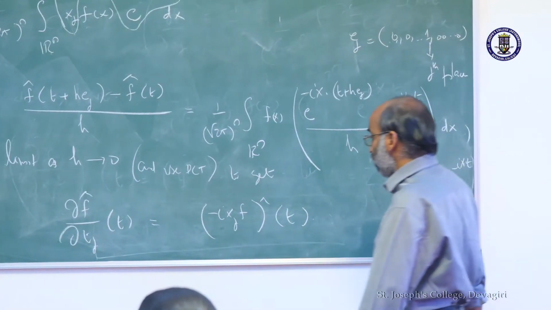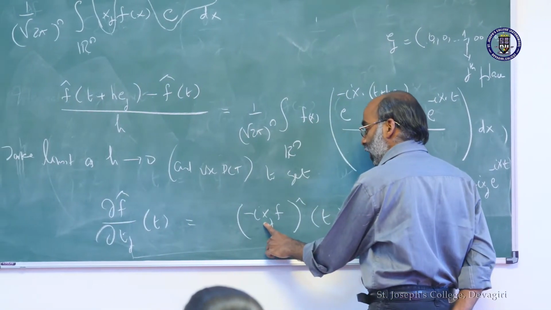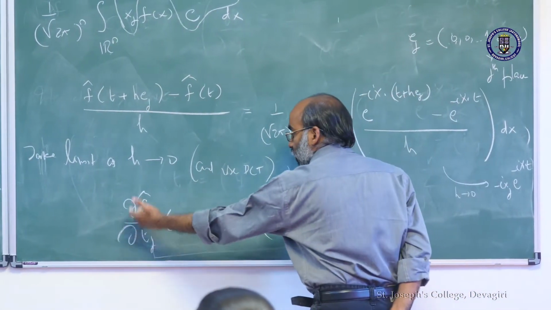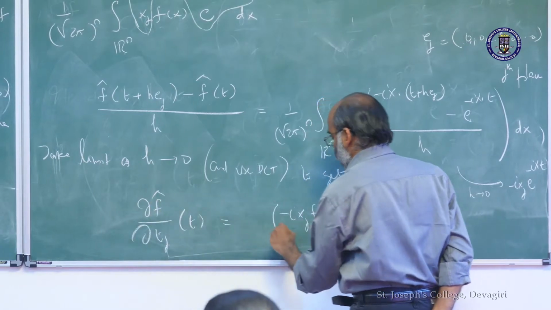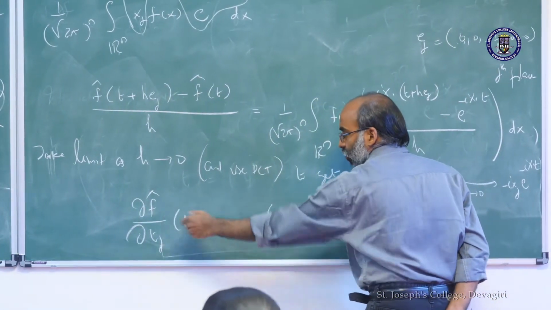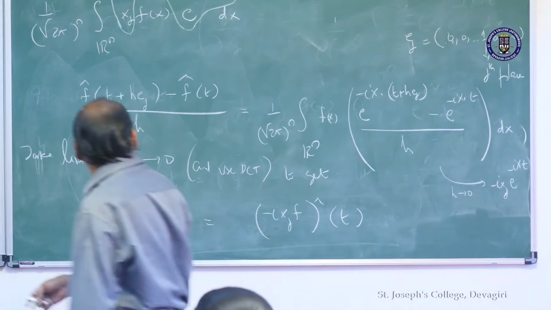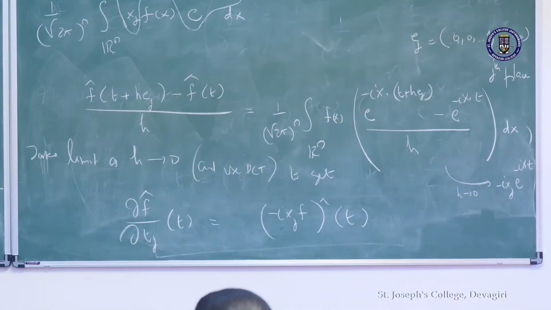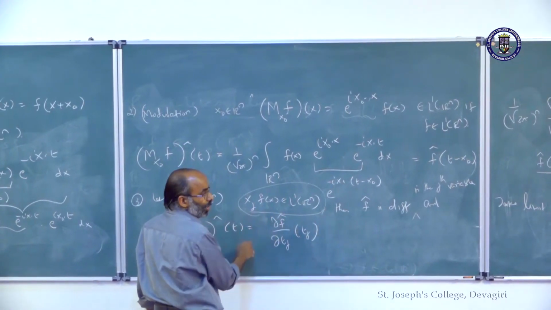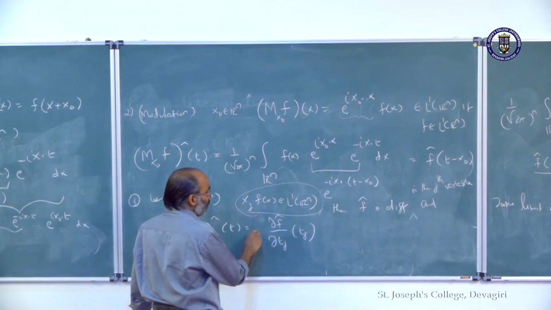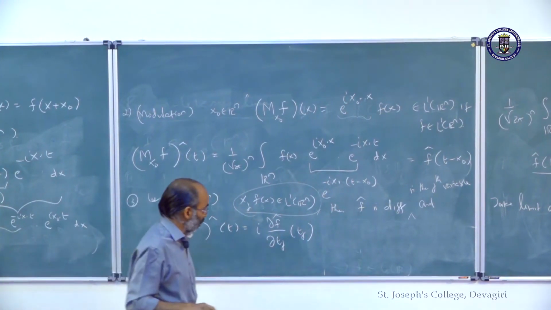So multiplication by xj goes to differentiation of the Fourier transform. You can put the minus i here to complete the sentence: minus i comes here as 1 by minus i, that is simply i. So that is the exact formula.